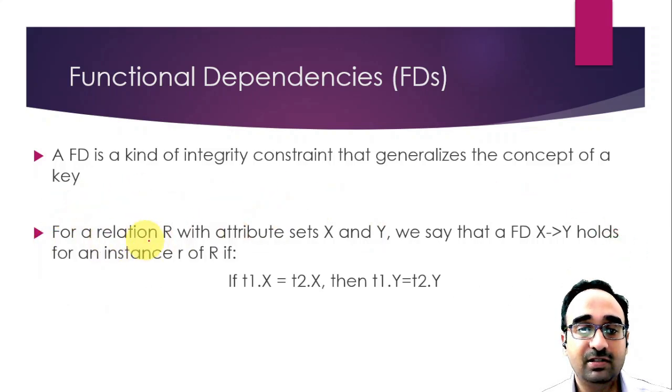Okay, so let's see. If you take a relation R, that is a table R which has a set of attributes, that is two sets X and Y, then we say that a functional dependency from X to Y holds for any instance small r of the relation capital R if and only if when t1.X is equal to t2.X, then t1.Y is equal to t2.Y.